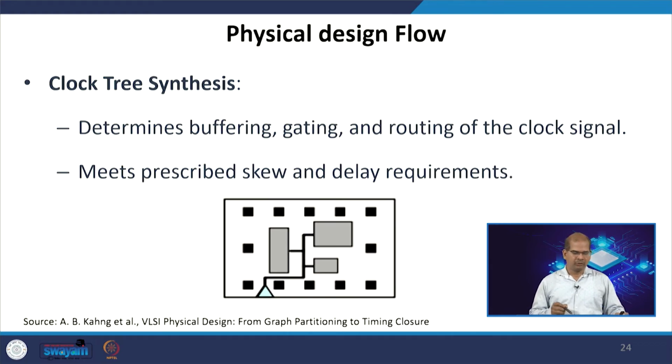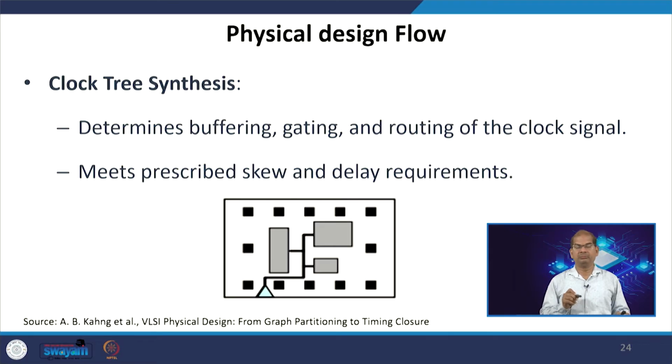Then we have clock tree synthesis. The clock is the most important signal inside the chip. So how can we design the clock tree inside the chip such that the routing is optimized? The main aim of clock tree synthesis is to reduce the skew between two leaf nodes.